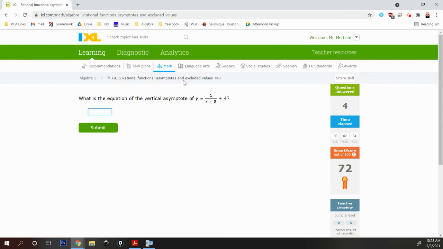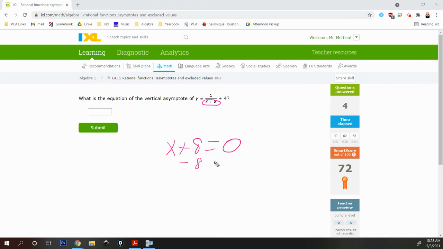Now, when we get to the equations, it says, what is the equation of the vertical asymptote? Well, what we're going to do is look in the bottom of the fraction. So we got to have a fraction to have a vertical asymptote. We're going to look in the bottom. And in the bottom, there's x plus 8. And we just set it equal to 0 and solve. So x plus 8 equals 0.